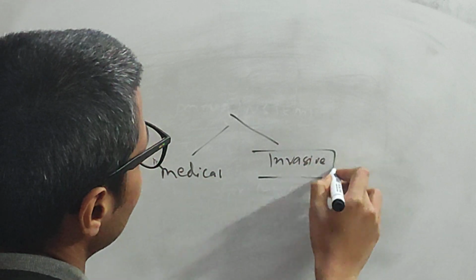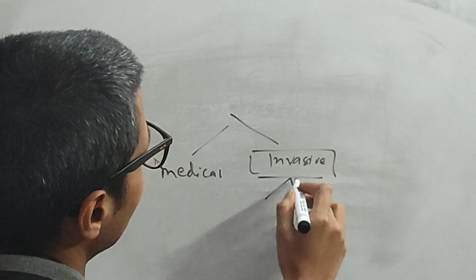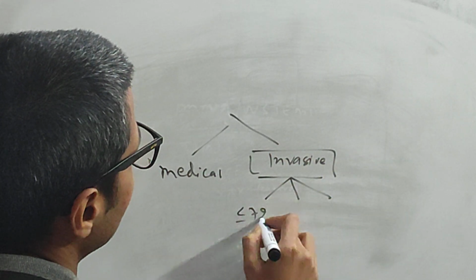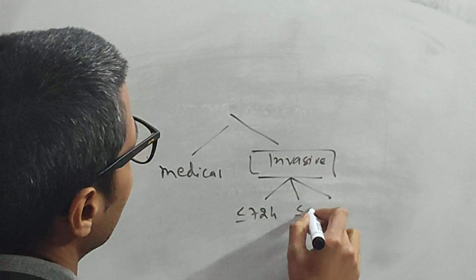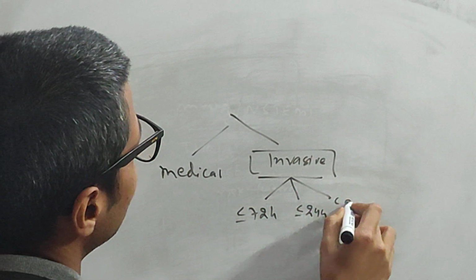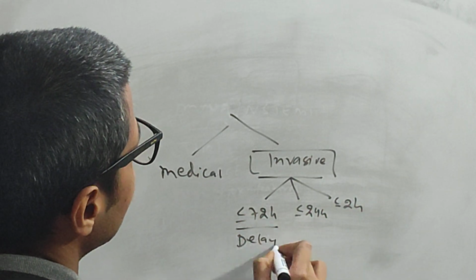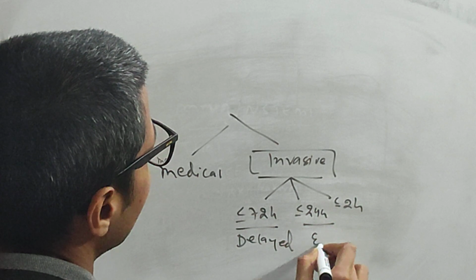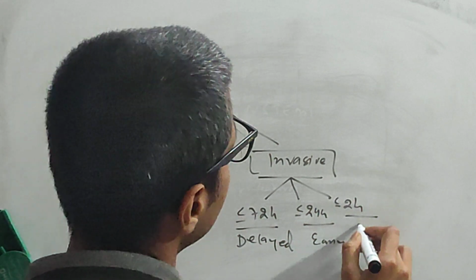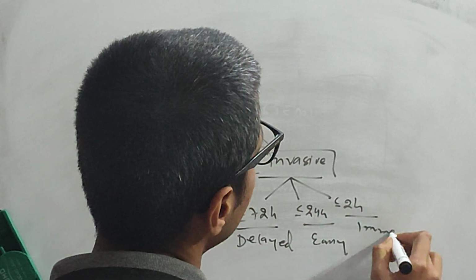In the invasive approach we also saw that there are 3 modalities: within 72 hours, within 24 hours, and within 2 hours. This is called delayed invasive strategy, this is called early invasive strategy, and this is called immediate invasive strategy.